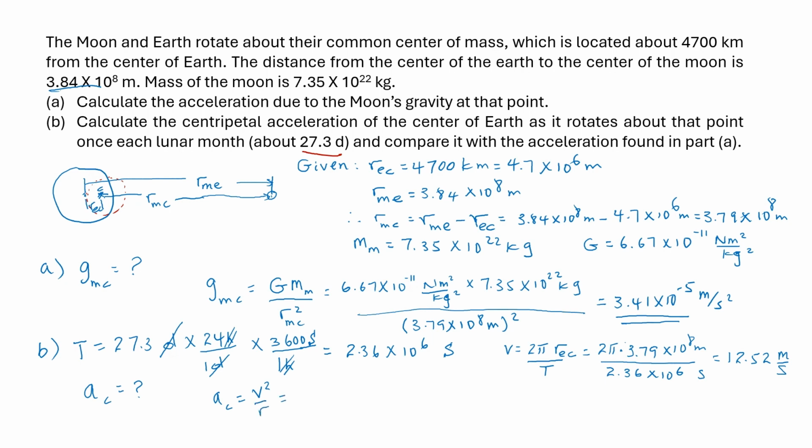That means the velocity which we calculated earlier, 12.52 meters per second, squared, divided by the distance from the center of the Earth to the common center, which is equal to 3.79 times 10 to the 8 meters.